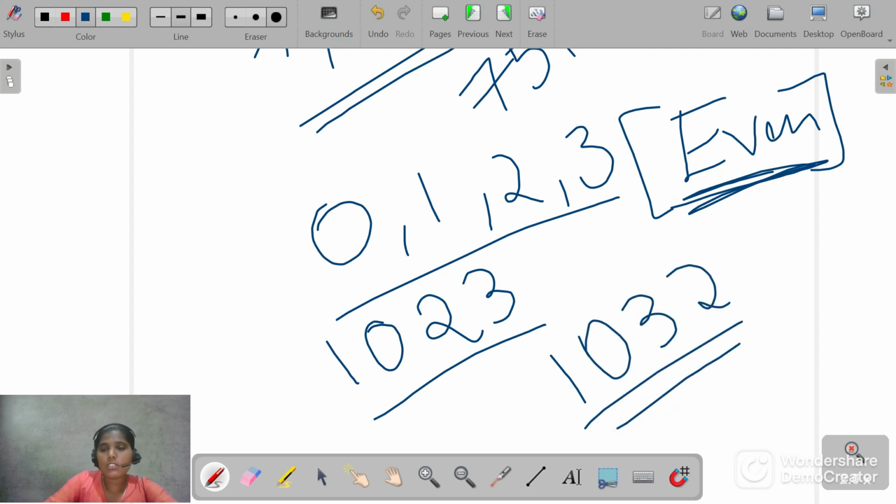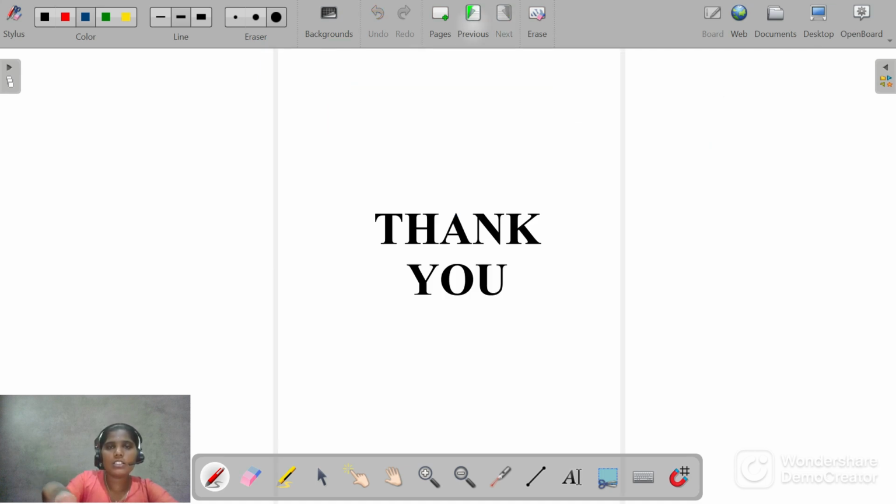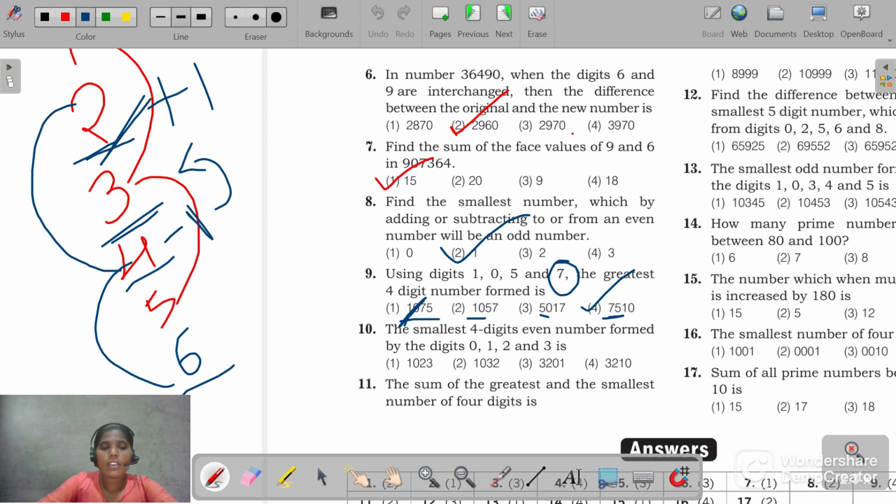If they just ask the smallest number, then it will be 1023, but when they are specifying it with even number, so that will be 1032. Okay, so we'll just see whether this option is there or not. So it is there. Option 2, that is 1032. So this particular answer will be the correct one.